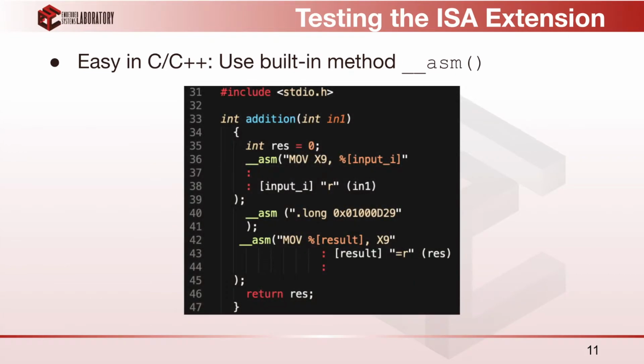Here I have pictured from the add1 test example the exact asm you would use for this instruction. We take our input to this function, in1, and move it into register x9. The custom instruction is then run using x9 as both the Rn input and the Rd output. The result is then retrieved from register x9 and placed into this result variable, res, and returned for whatever high-level function we want to use it for.